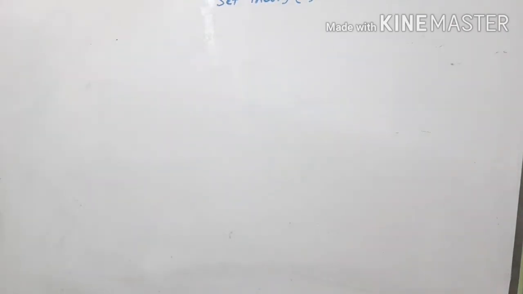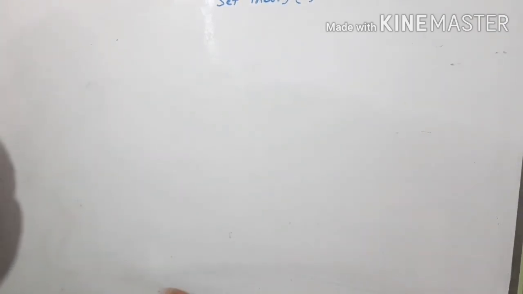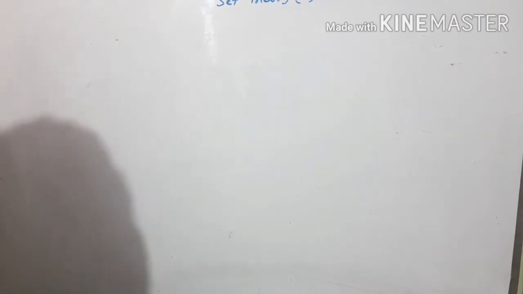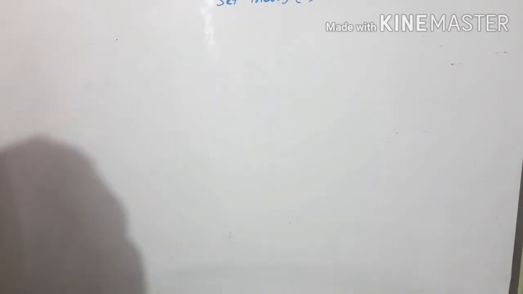Now we have already seen what a cardinal number is. That is, if any set has a finite number of elements, then it has a cardinal number which is a natural number. Clear? Now the question is, what are the cardinal numbers of the infinite sets?